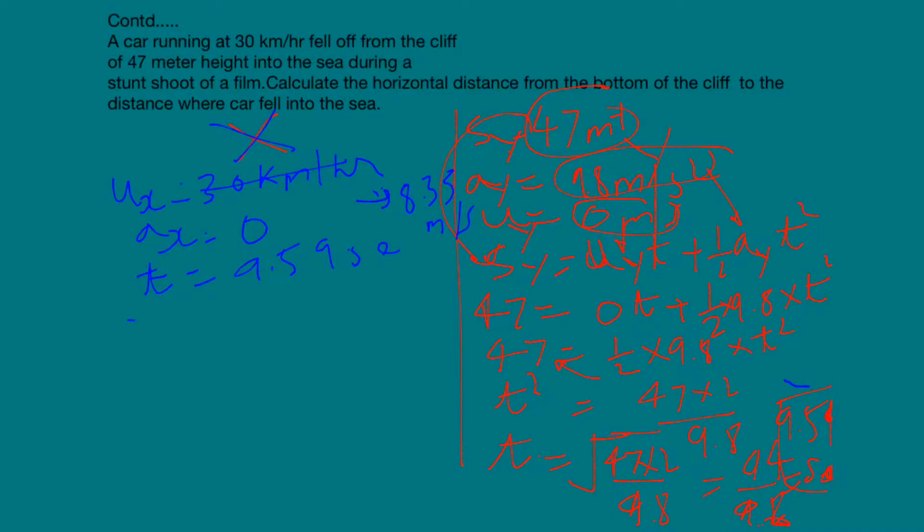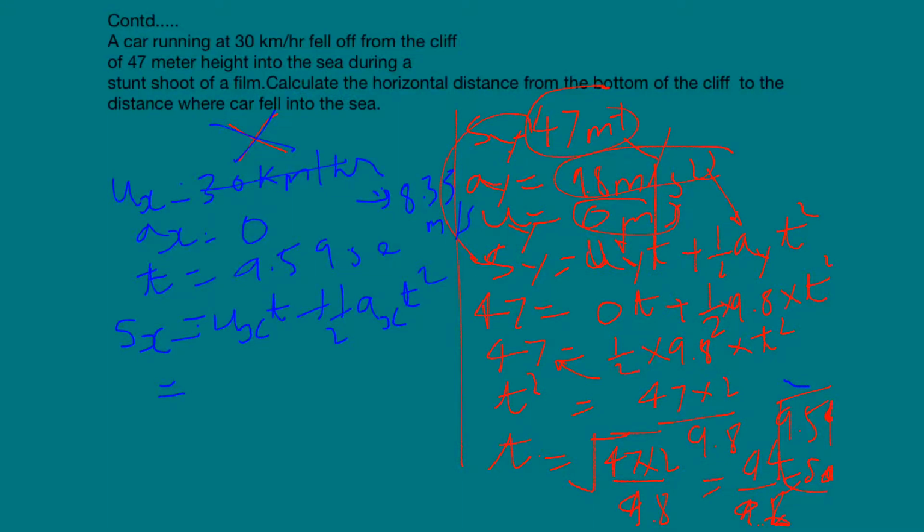So s, for this displacement along the x-axis, what we want to find out, equals to ux t plus half ax t square. So sx means displacement along the x-axis, equals to ux t.